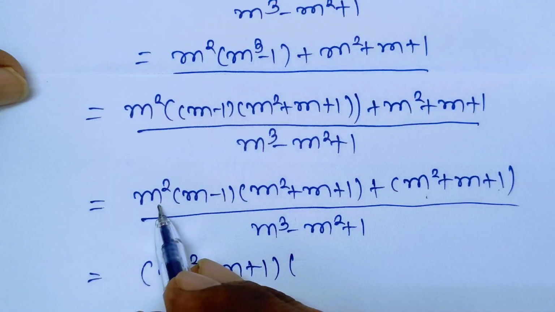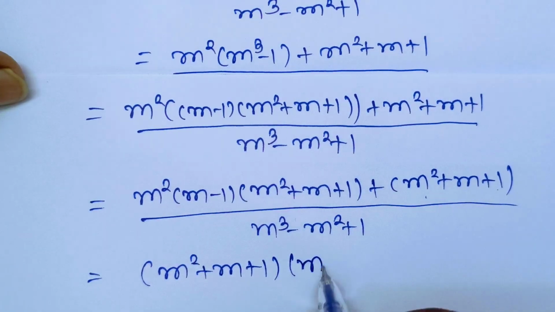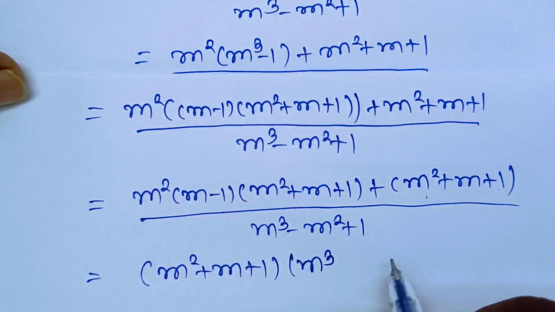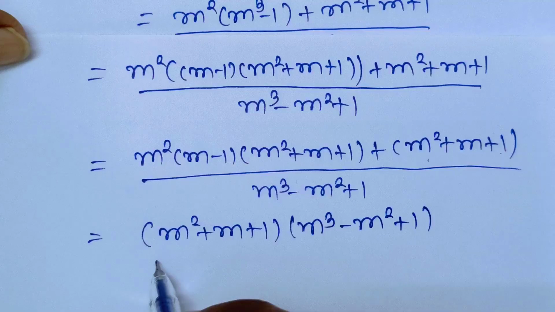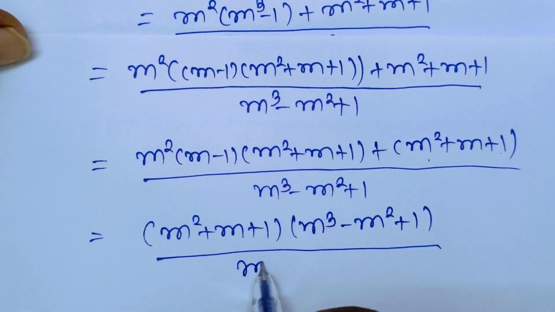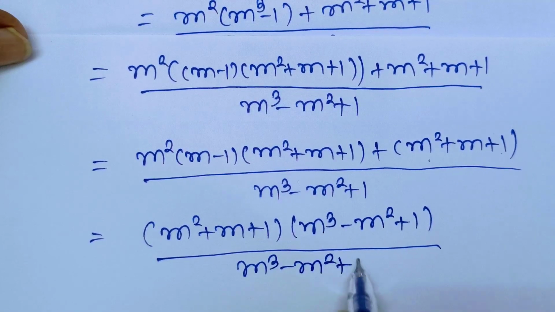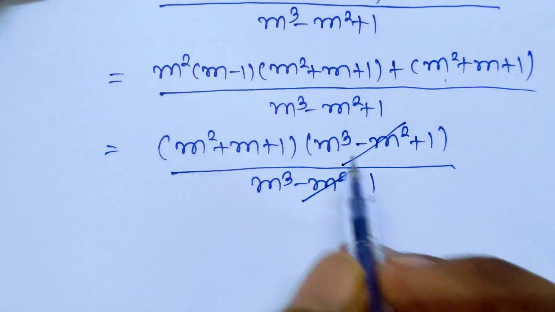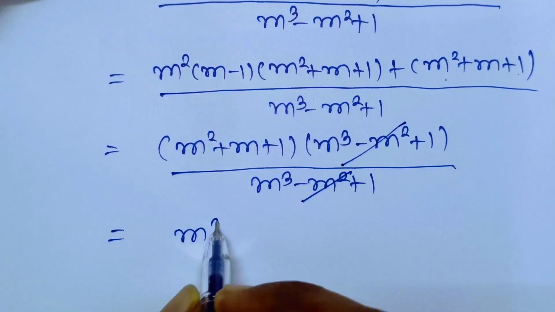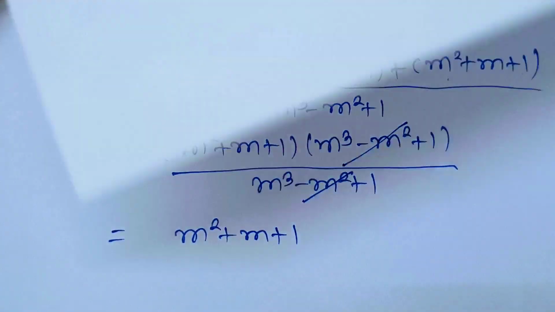Remaining part: m^2 into m is m^3, m^2 into minus 1 is minus m^2, and plus 1 remaining, this whole divided by m^3 - m^2 + 1. Now this term and this term cancel out, remaining part is m^2 + m + 1.